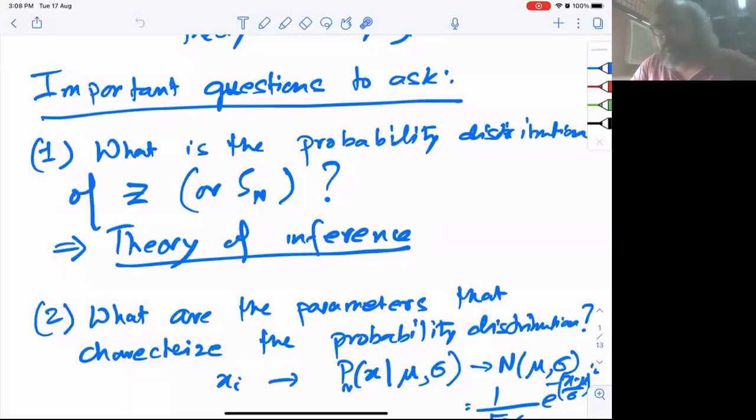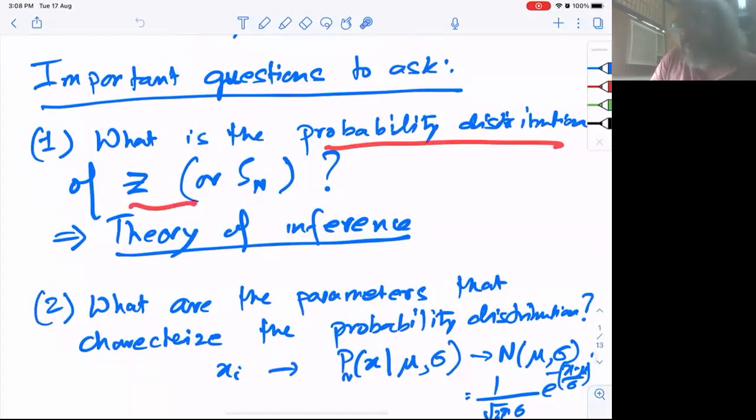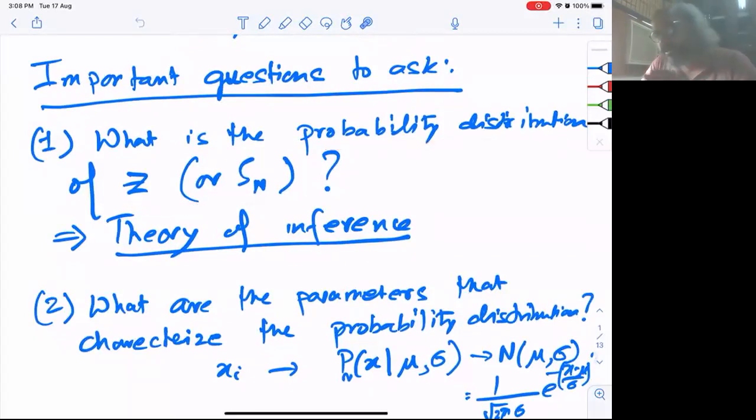So there are two very important questions. These are very big questions, and one can spend 2-3 semesters on these. But let me just mention them so that you remember. One is: what is the probability distribution of this derived quantity Z? I have measured 2 quantities and I'm deriving a third one, or n quantities and deriving a third one.